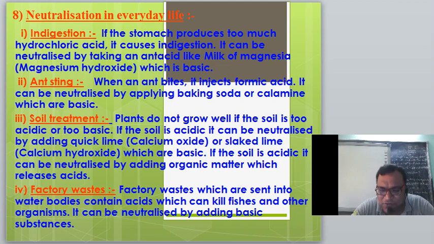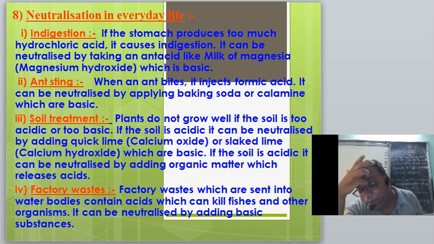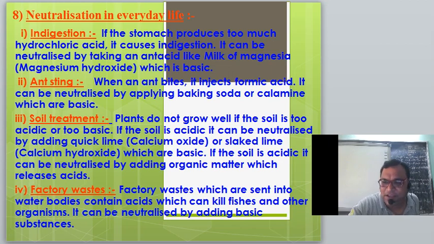Sometimes, due to the heavy use of fertilizers, we are increasing the acidity of the soil also. So in such cases, we have to either leave that field for a long time to reduce its acidity, or we have to add something basic in nature to the field so that its acidity changes into neutrality.